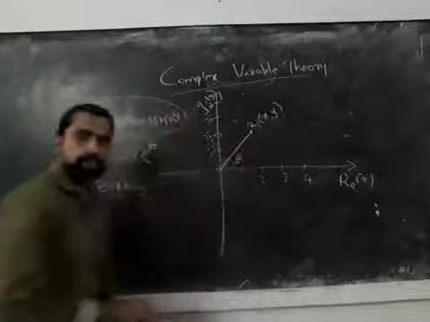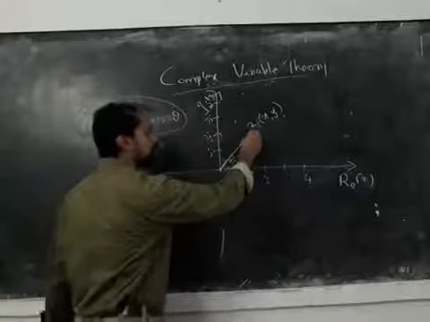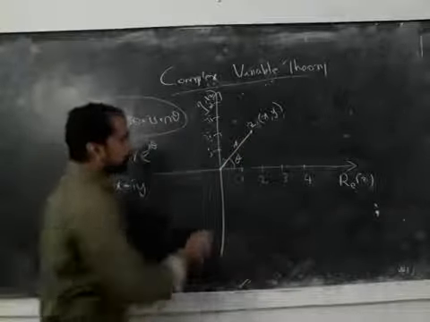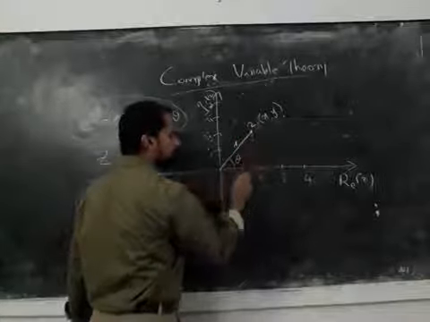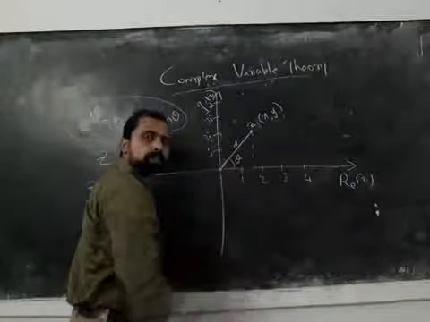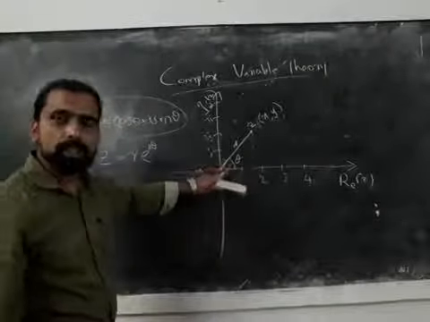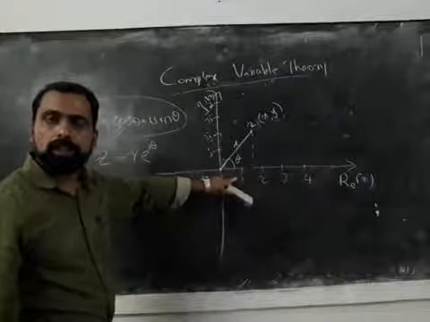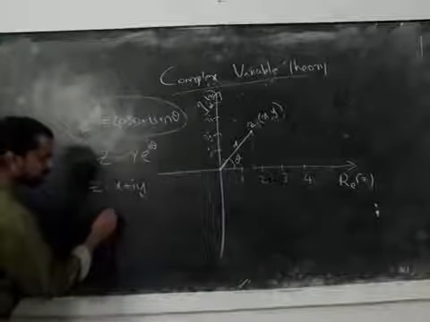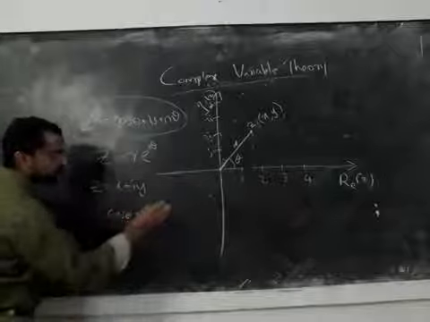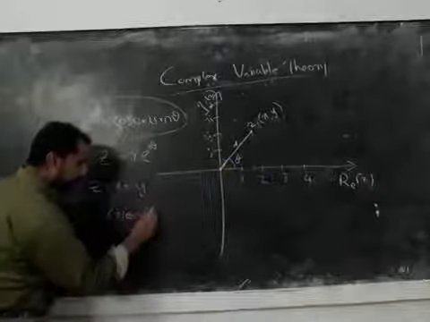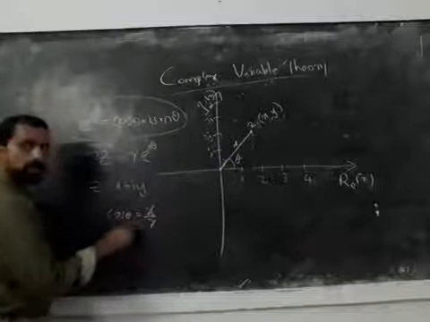This is making an angle theta, and this length I am calling r. In that situation, what about x? If you make it like this, cos theta is equal to x by r, adjacent side by hypotenuse, or x is equal to r cos theta.